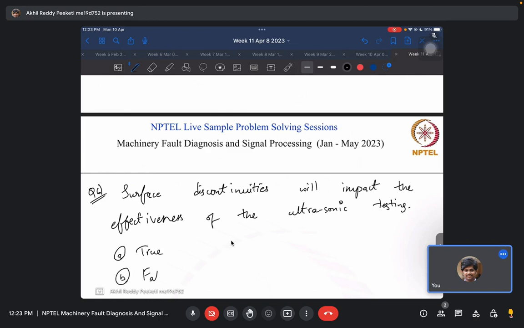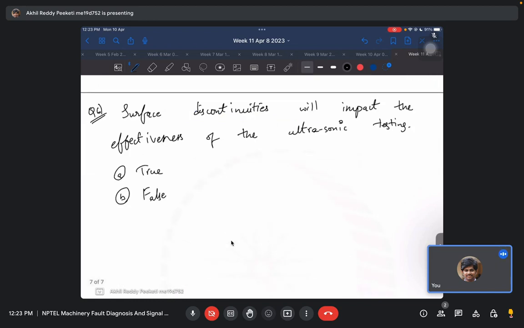True or false? As we discussed earlier, the ultrasonic testing depends on the reflected or the transmitted waves. So let's say you have a crack, but you have a surface discontinuity like this.